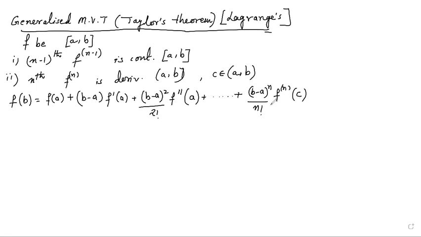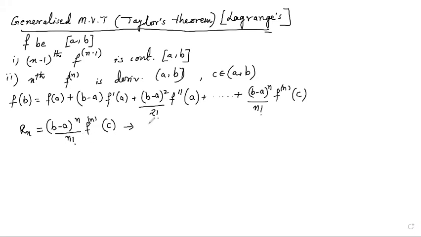And this last term, which comes after the nth term, is actually the (n plus 1)th term. This term also has a special notation, that is Rn. We can write it as (b minus a) to the power n by n factorial into f^(n)(c), the nth derivative of the function at the point c.